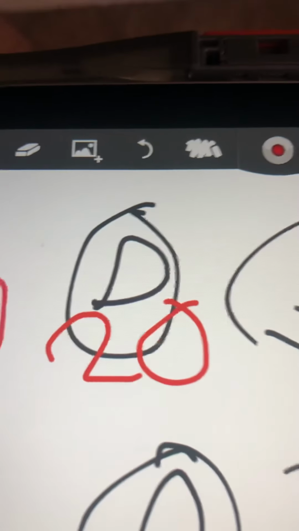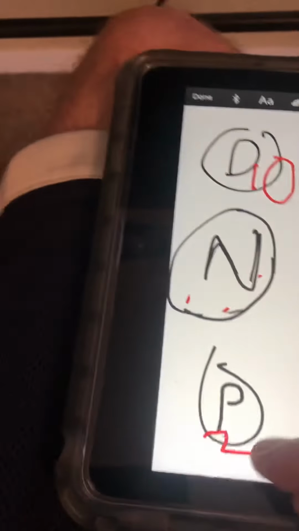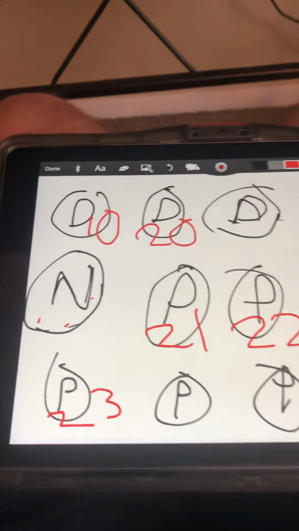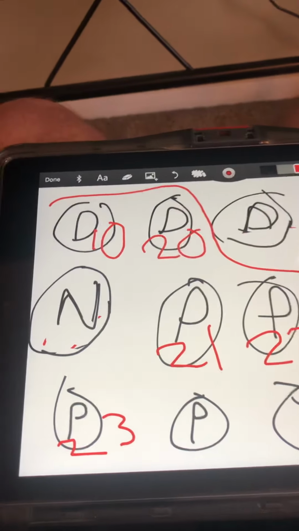So once again, we left off at 20. A penny's 1, so 1 more than 20 is 21. If we just keep counting by 1, we have 22 and 23. So the coins we need are these 2 dimes and then 3 pennies. And that's how we can get to 23 cents. That one was a little bit trickier.